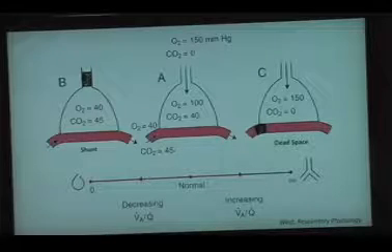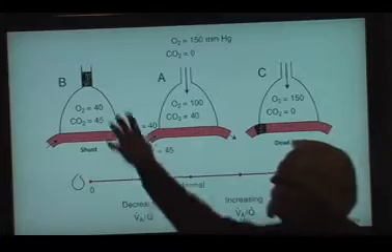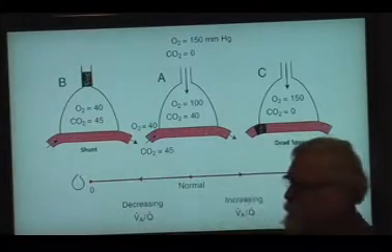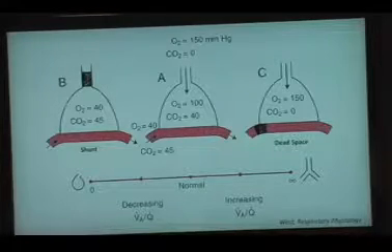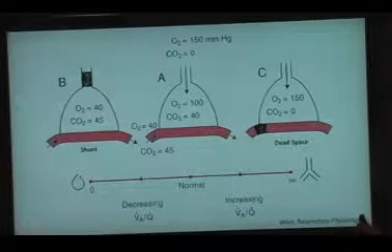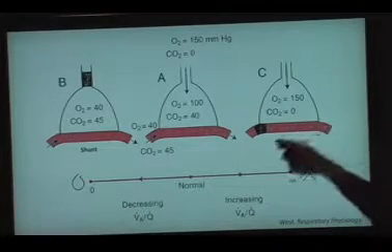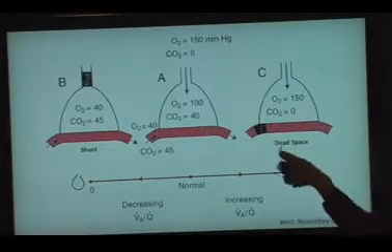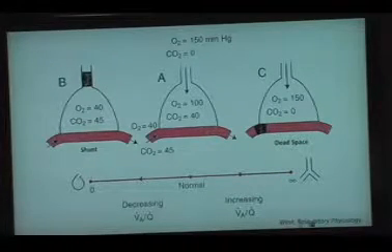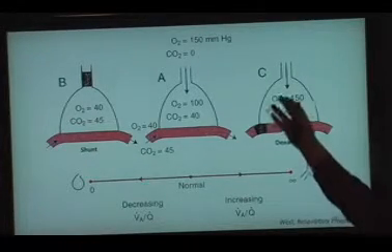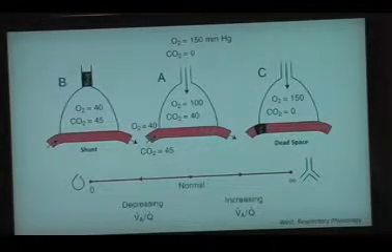So if we look at the relationship between ventilation on the gas side and perfusion on the blood side, the range is that we could have ventilation without blood flow. That's dead space. So here the ventilation perfusion ratio is infinity, because we have ventilation divided by 0, and if you divide by 0, you get positive infinity.